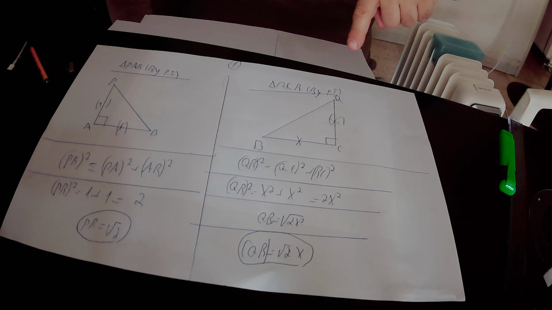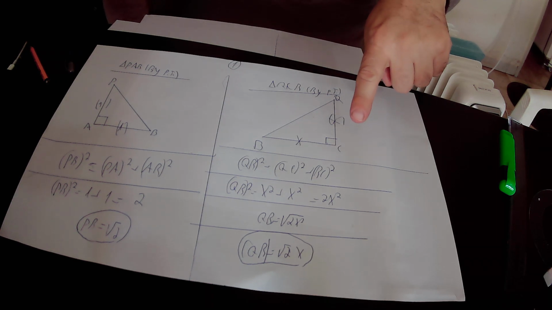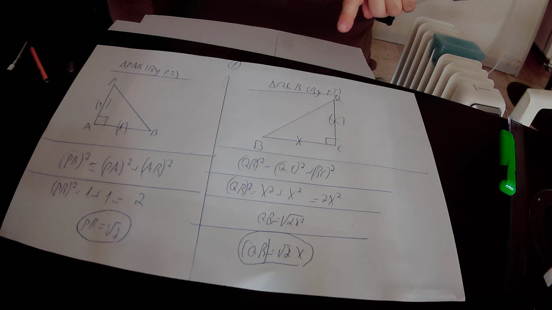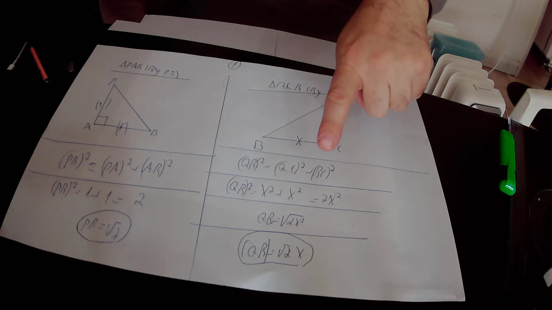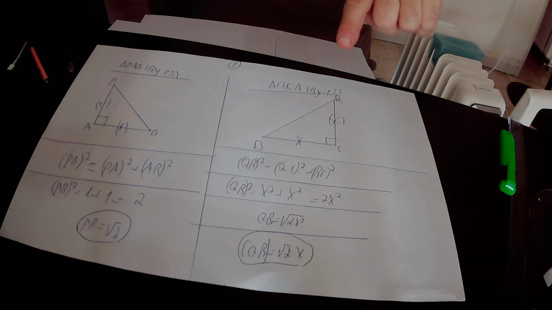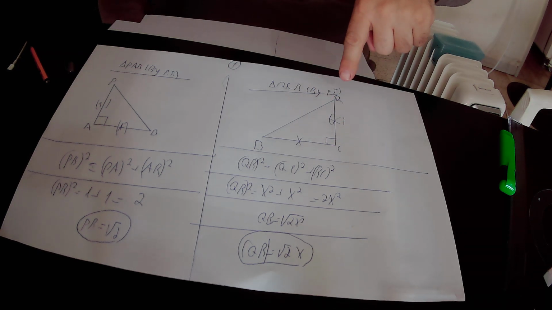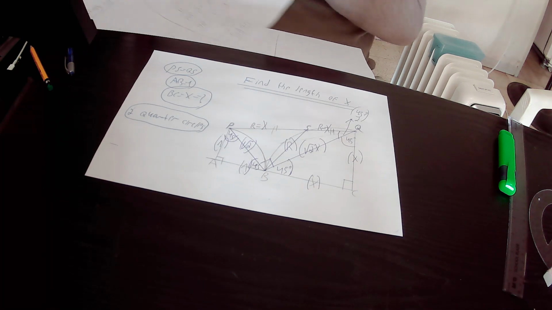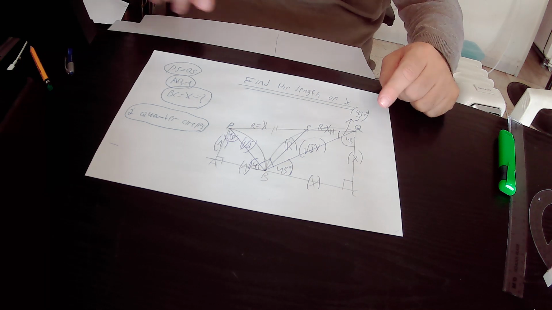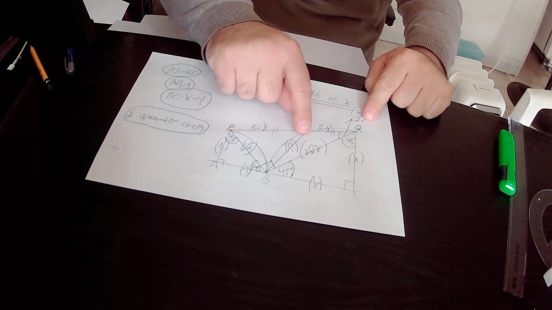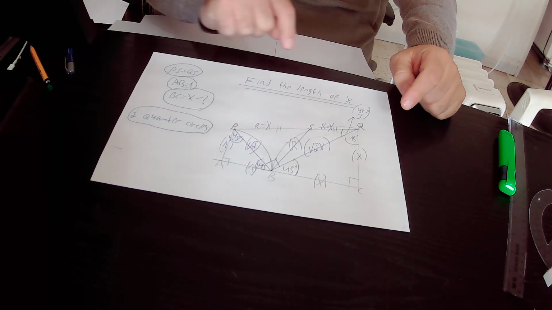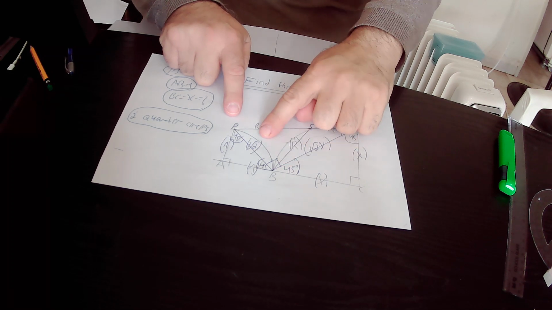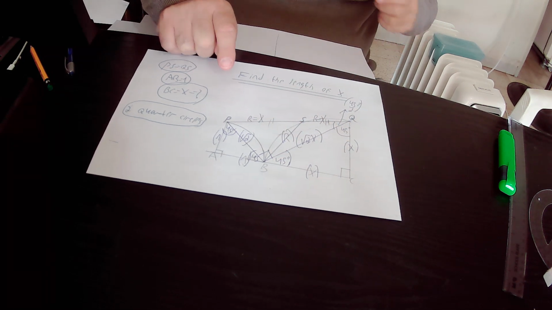So in total, QB square equals x square plus x square, that is 2x square. Then we took the square root of this equation and found that QB equals the square root of 2 times x square. The square root of x square is x. So in total, QB equals the square root of 2 times x. Therefore QB of the right triangle QBC equals the square root of 2 times x, and PB equals the square root of 2 units.